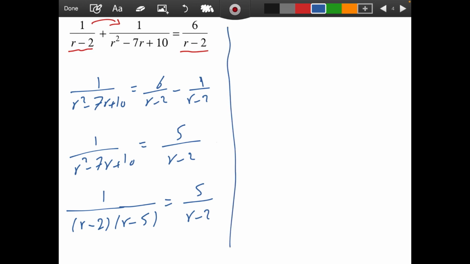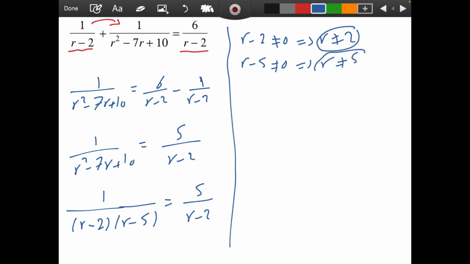Restricted values: we have two different denominators. r minus 2 shouldn't be 0, then r shouldn't be 2. The other denominator, r minus 5, shouldn't be 0, then r shouldn't be 5. Making the same denominator, I want to multiply here by the missing factor, which is r minus 5, up and down.